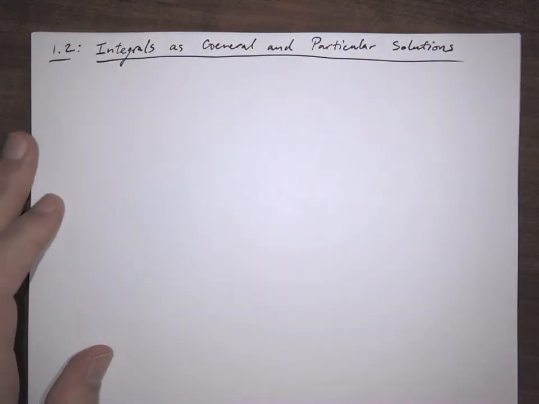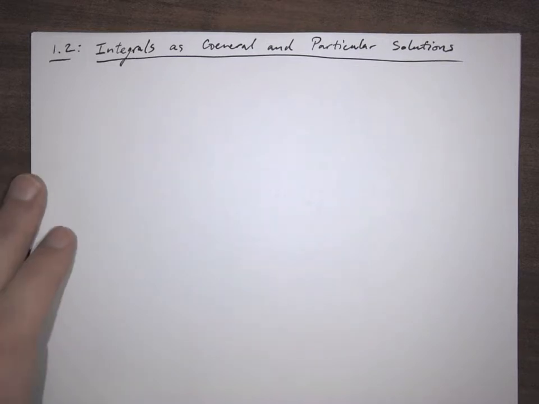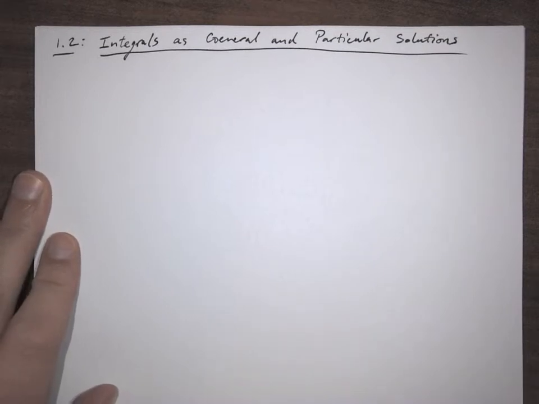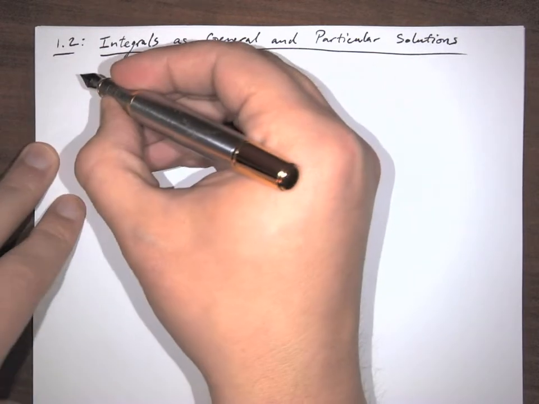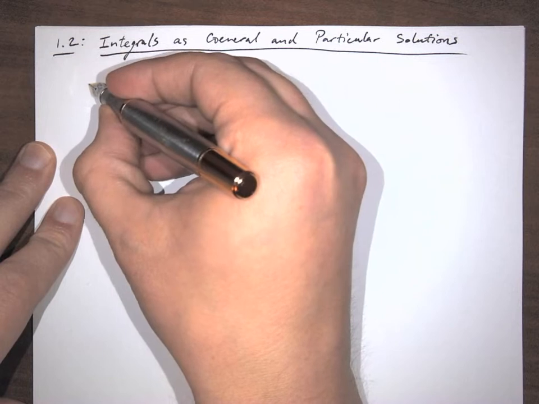All right. So as the title probably spoiled for you, what we're talking about here is differential equations that can be solved merely by taking integrals. Now, in order for this to work, we have to have a very specific lineup of events. In particular, the easiest kind of differential equation to solve is one like this.